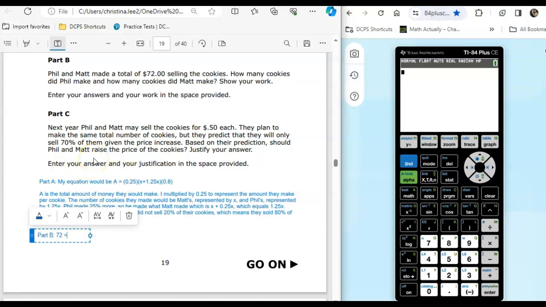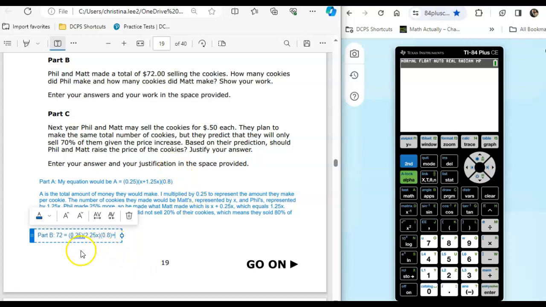So $72 equals 0.25 times (x plus 1.25x). This is where we can combine those: 2.25x, times 0.8. Okay, so what can I condense here?